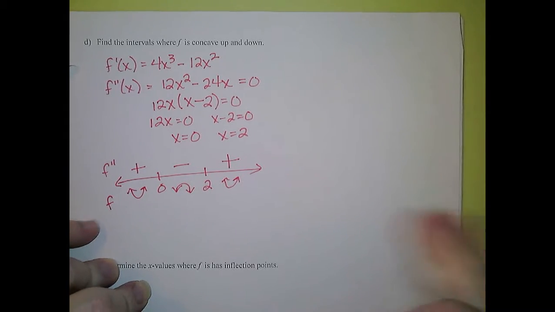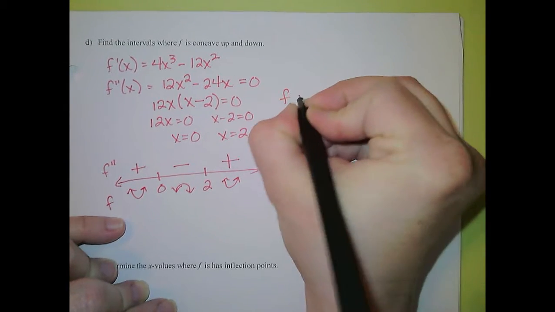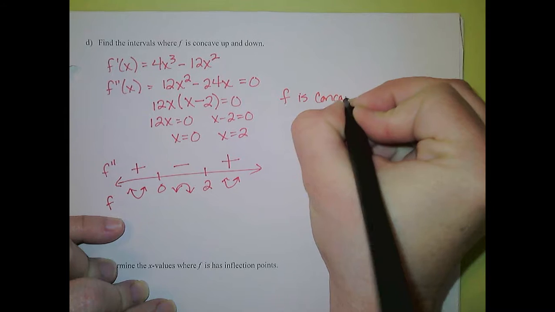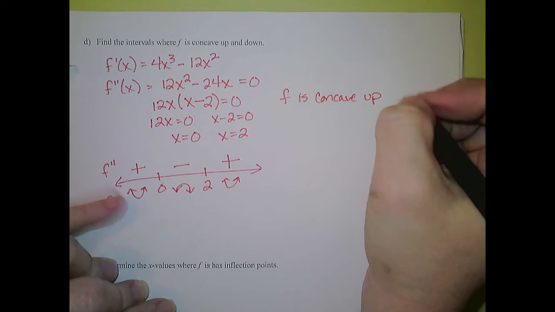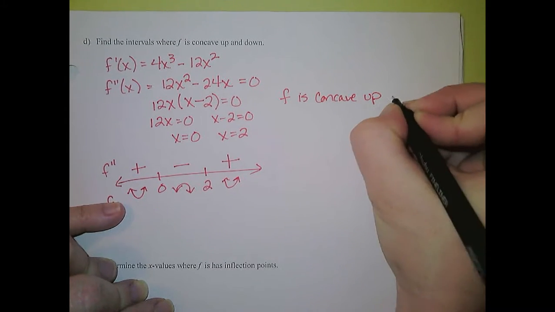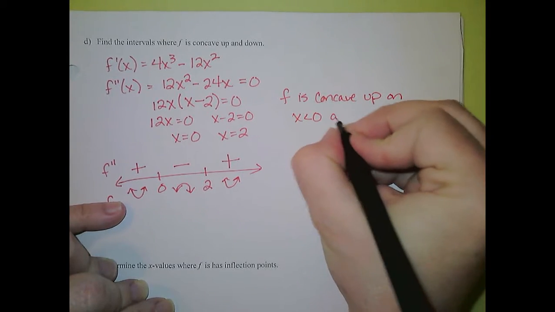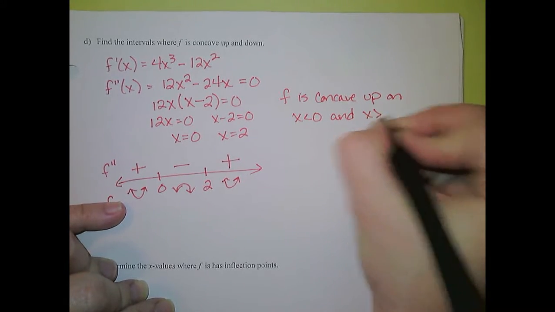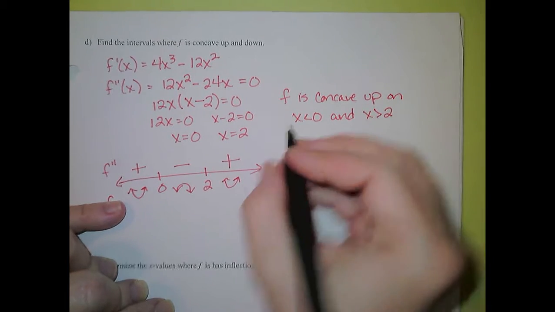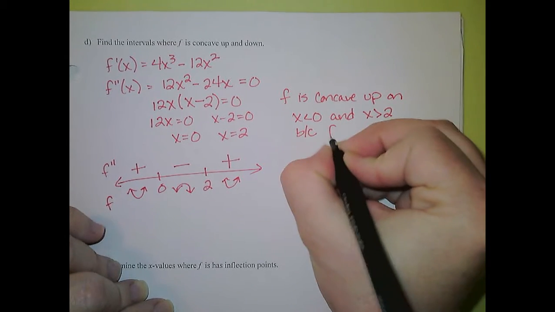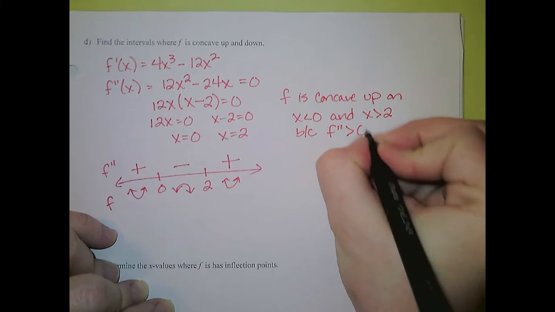So we can say that f is concave up where x is less than 0 and where x is greater than 2. And we know that because the second derivative of f is positive, or greater than 0.